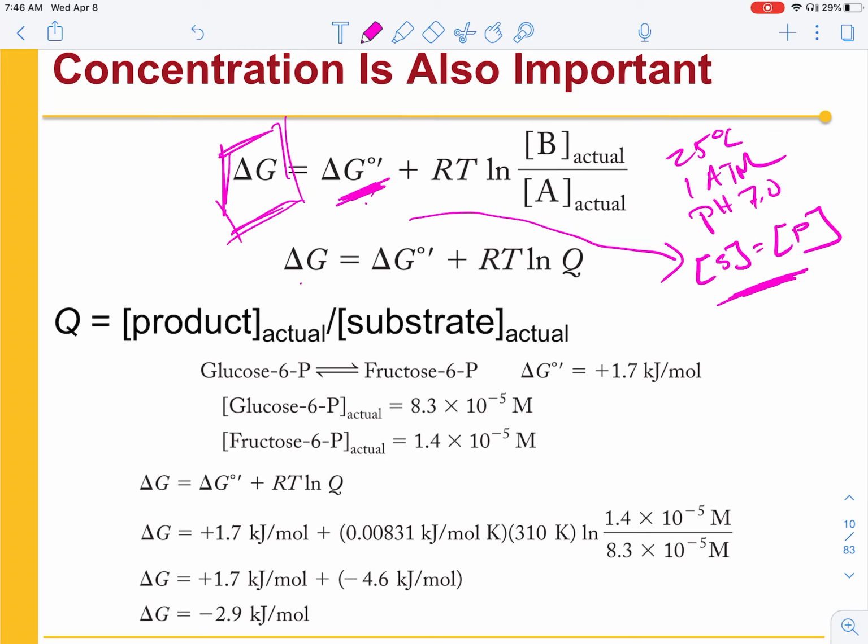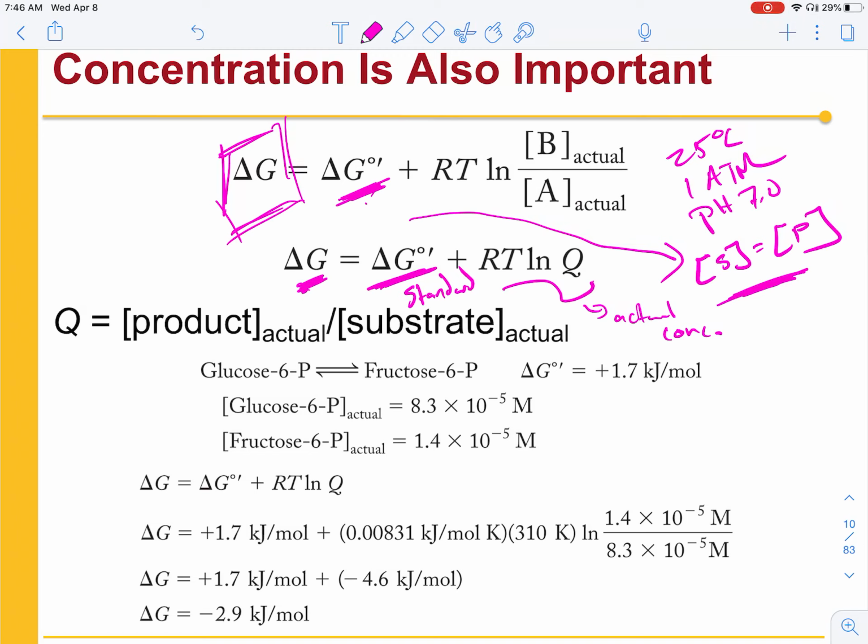And so we can define an actual delta G as the standard delta G plus an expression that relates to the actual concentration of products and reactants, right? And so we call that the mass action or Q.